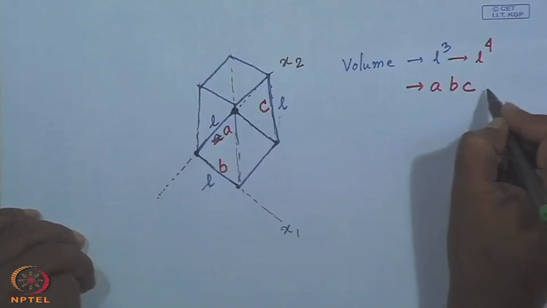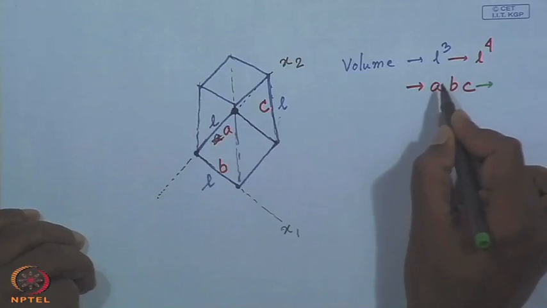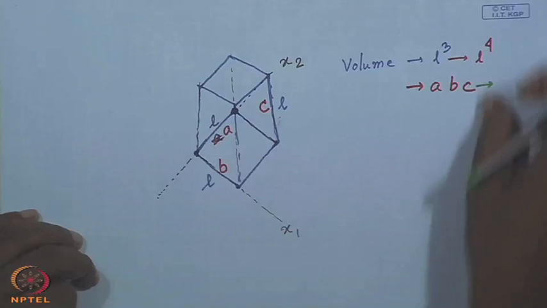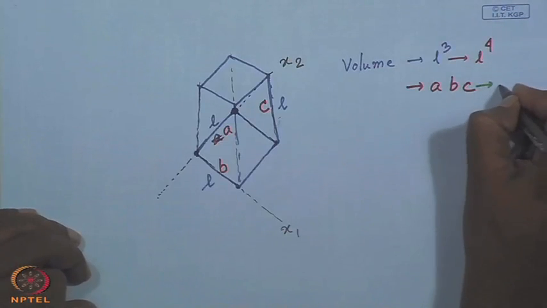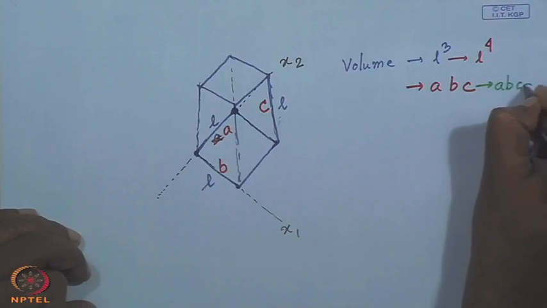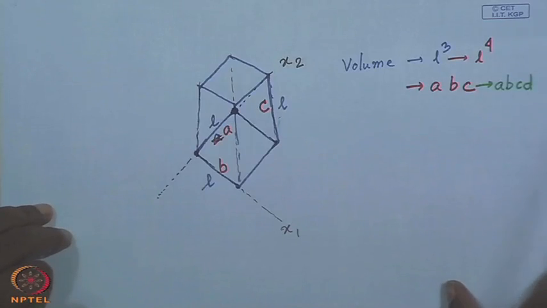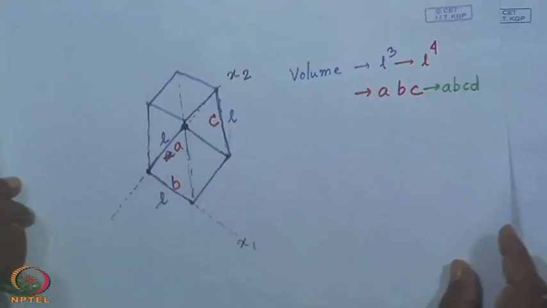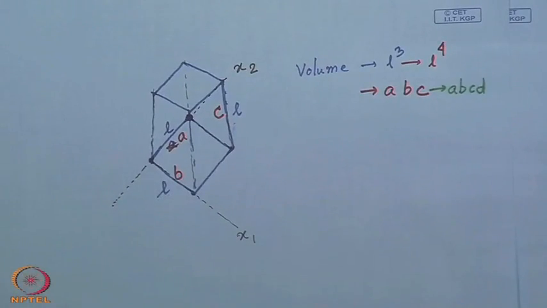Whereas, if I drag it by a displacement D along the 4th dimension, I get a hyperparallelogram in the 4th dimension, and the volume of that hyperparallelogram will be simply ABC, which was the volume of the parallelogram in 3 dimensions, times D. In the 4th dimension, it will be A, B, C, D. So, you find that the concept is very simple, and I always have an analogy to lower dimensions.